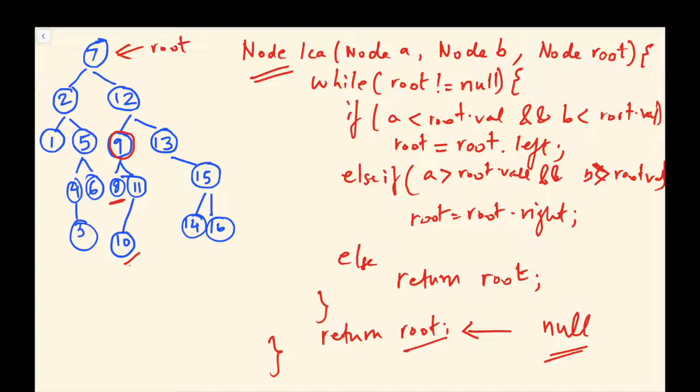Essentially you'll be returning null under the circumstance where there's a possibility that one or both of these nodes may not be in the tree. So in this case, you basically do not have a lowest common ancestor, and that's what returning null means.